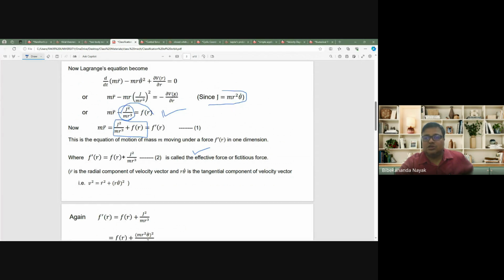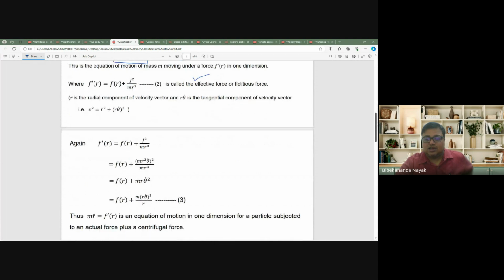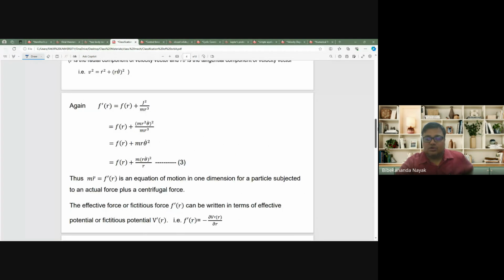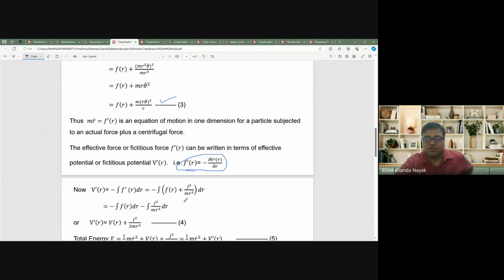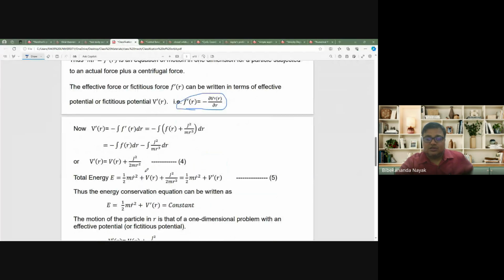Putting this in, the effective force will be m r theta dot square by r. We assume that this effective force comes from an effective potential, obeying the formula F prime r equals minus del V prime r by del r. Taking this integration, you can find that the effective potential will be V r plus J square by 2 m r square.